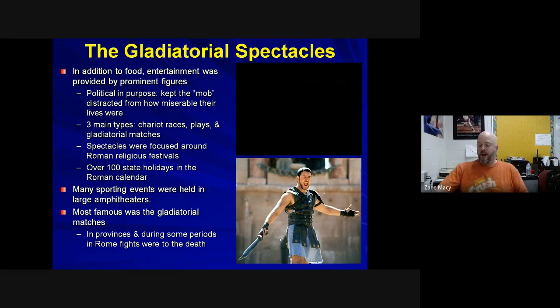amphitheater that was set up for chariot races, where a NASCAR track might be shaped more like this. An amphitheater would tend to have a wall or at least posts, but a chariot track would be shaped more like this, with posts at the ends where you could make your turns and a wall in between.